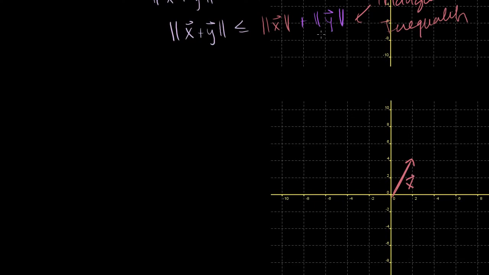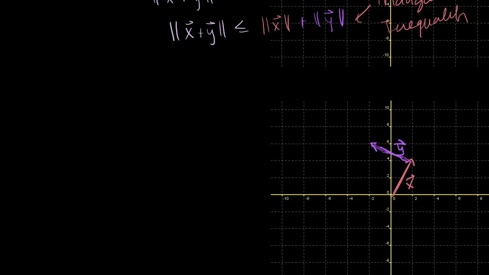And let's say my vector y, I'm just going to do it head to tail because I'm going to add the two. So my vector y, I'm going to do it in non-standard position. Let's say that's my vector y.